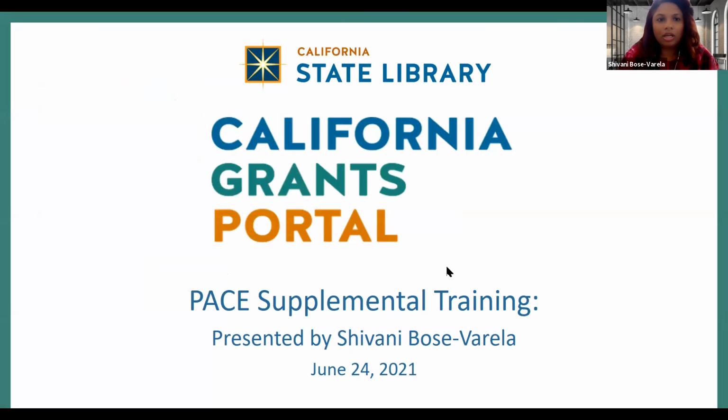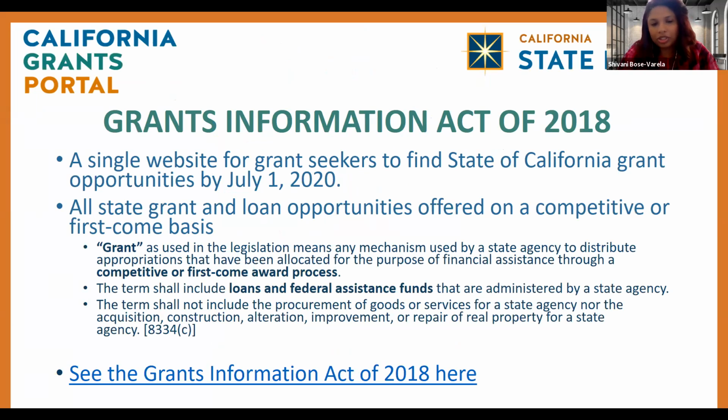All right, so Coral mentioned that there was a legislation, AB 2252, that introduced this website to the California State Library to build a central location for all grant and loan opportunities. There is a specific definition around what is being added by the state agencies in this portal.